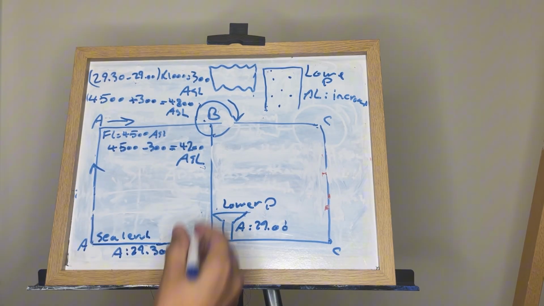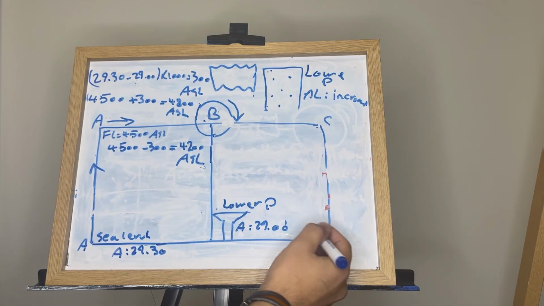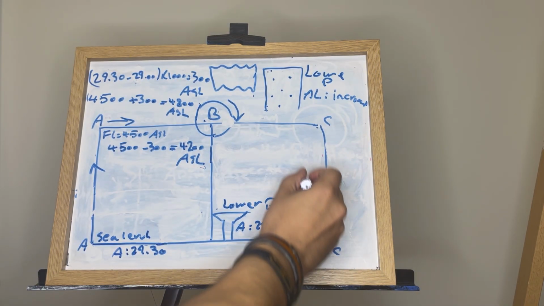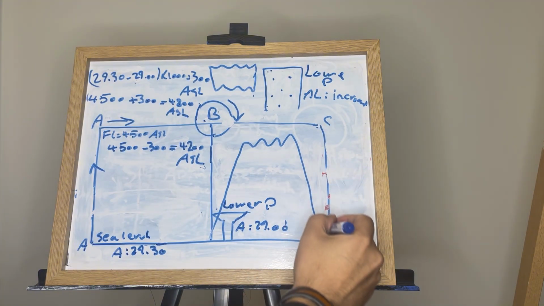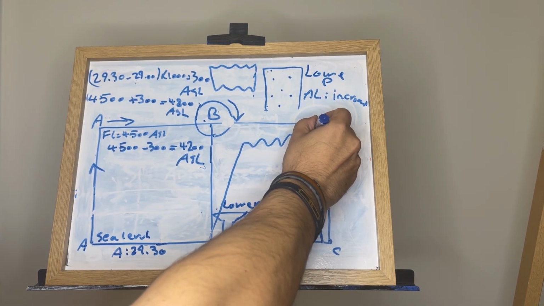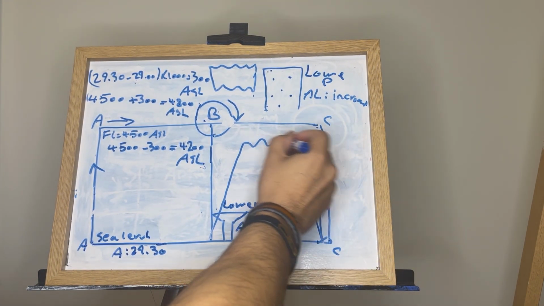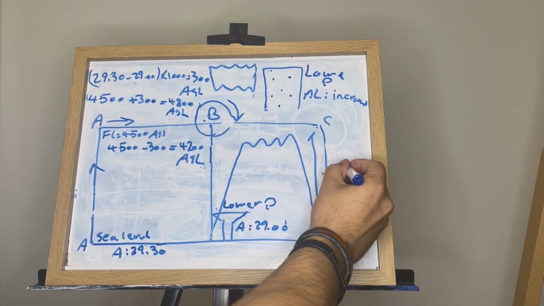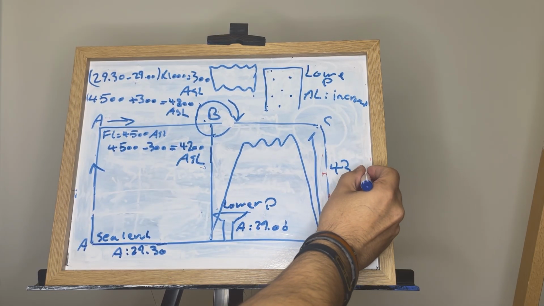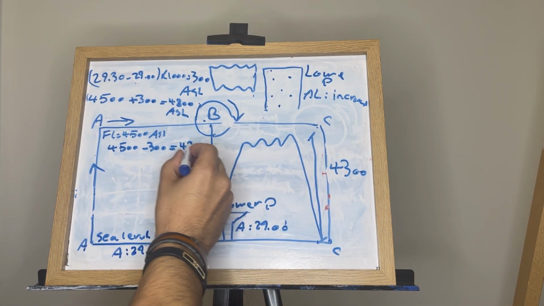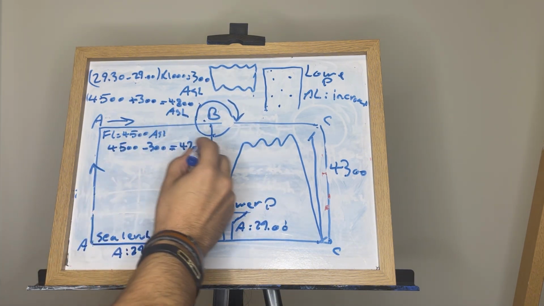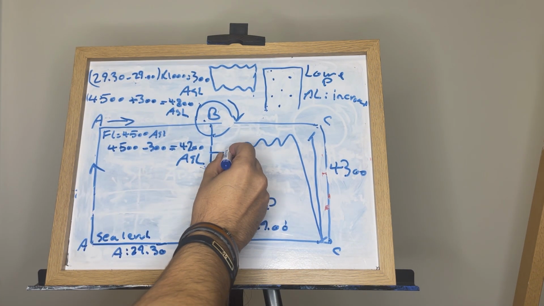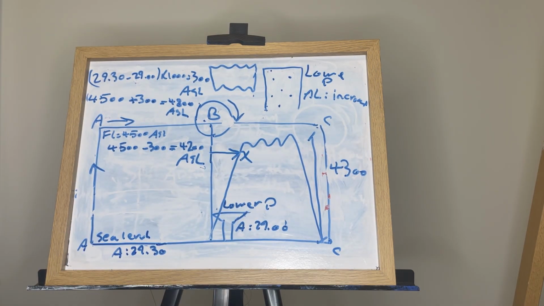This is very dangerous, especially if a mountain is ahead of you. For example, if the height from sea level to the top equals 4,300 feet, while the altimeter shows you 4,500 but the actual height is 4,200 feet, you will hit the mountain.